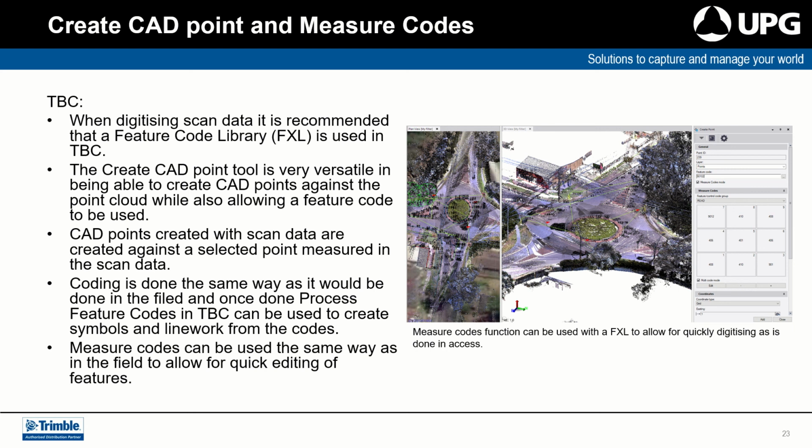Coding is done the same way as in the field, and when used, as mentioned previously, with control codes, you can get that high quality result, allowing you to process curves and start and stop lines as needed, and those sorts of functions throughout your data.